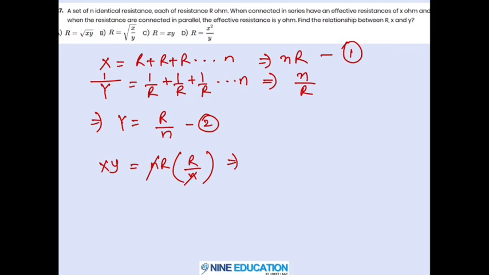So you would get R square is XY. I've written capital X and Y here. Actually, they are small letters. So R is equal to under root XY. So option A is correct again. Proceeding to the next question.